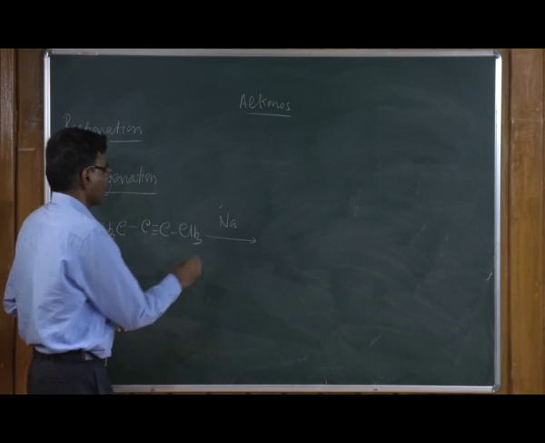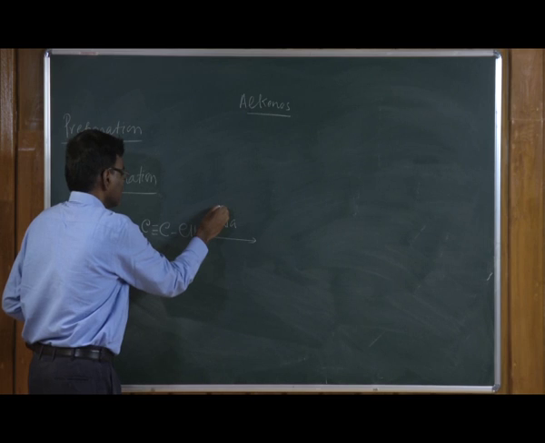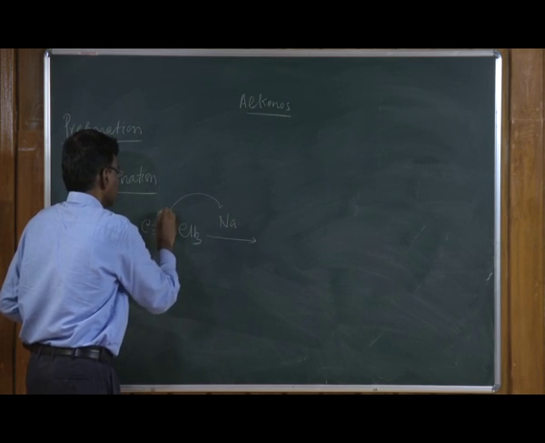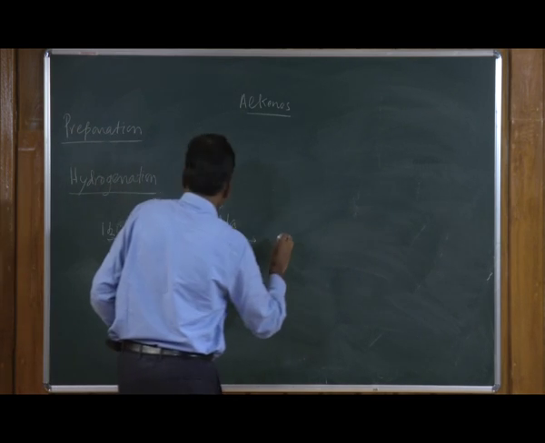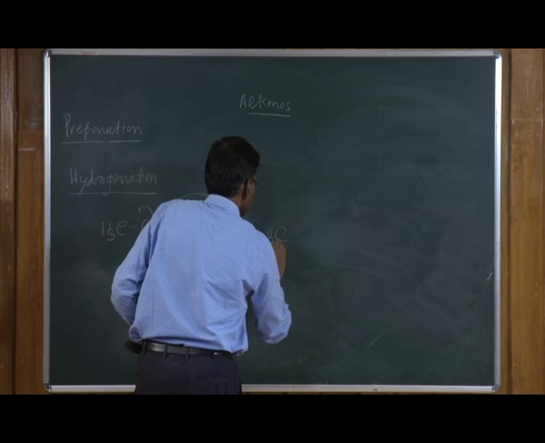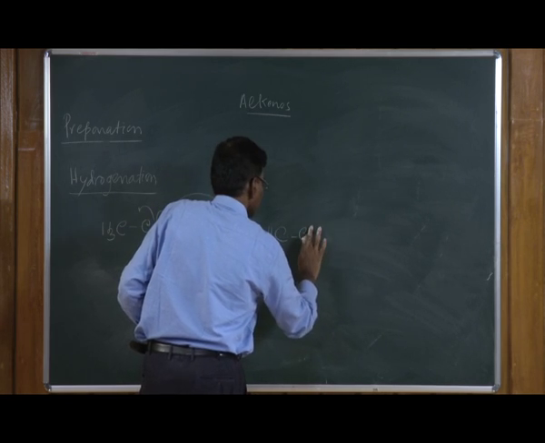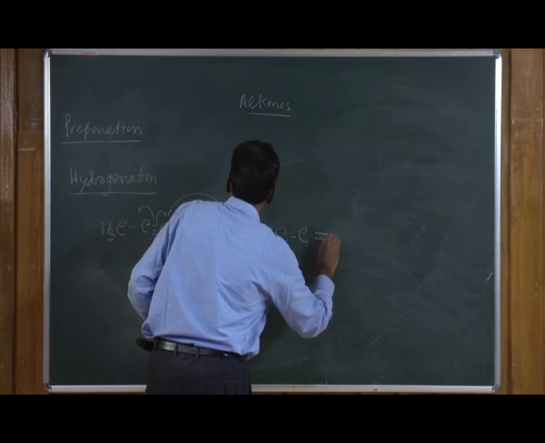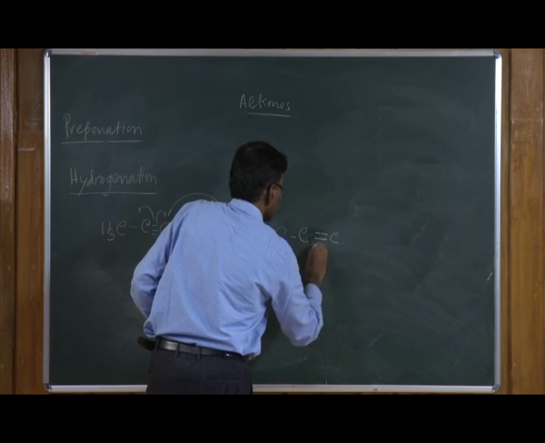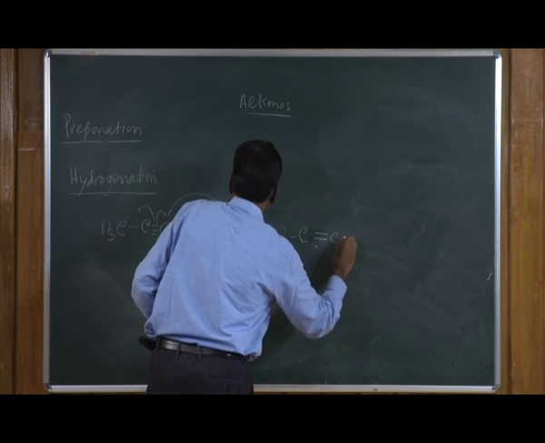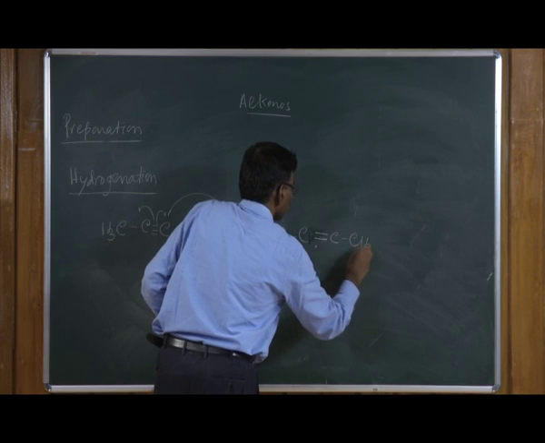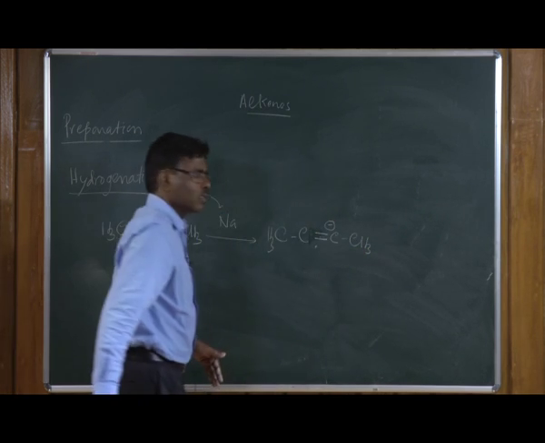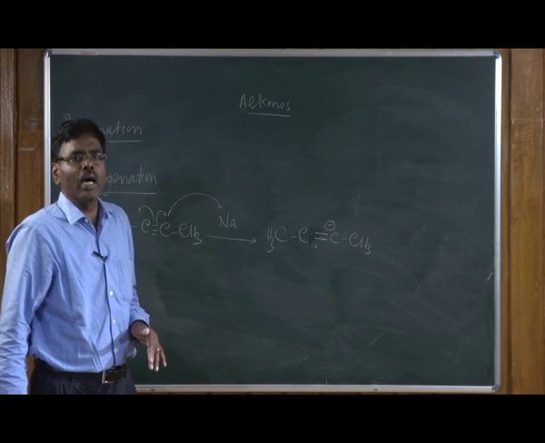Sodium can give one electron to the alkyne, so you can generate the radical anion.